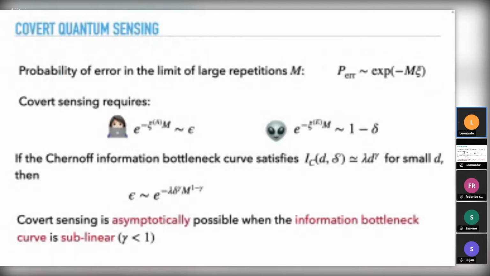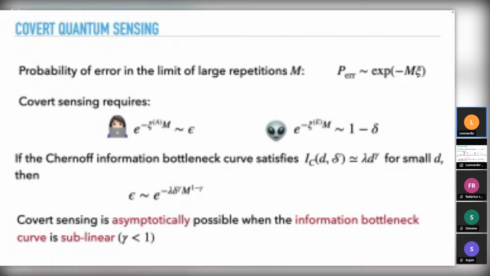So if we expand the churn of information bottleneck curve when D is very small, we get some dependence, like some coefficient lambda, and then some power law scaling. Then we can basically put these two errors all together, and what you get is a connection between the error on Alice's side and the error on Eve's side. So you want this to be small. This is something small.